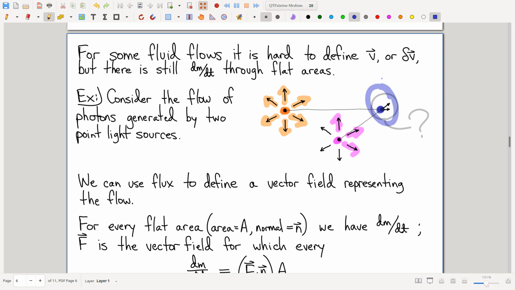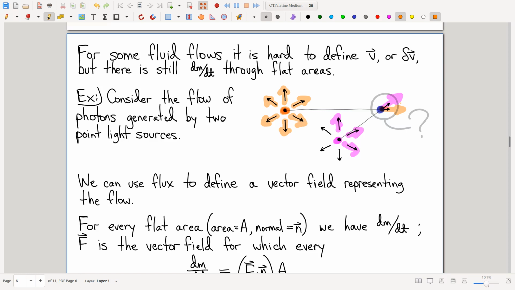And this is very awkward, because on the one hand, at that point, there are photons that come from our purple light bulb, and at the same point, at the same time, there are photons that come from the orange light bulb. So which one of these is the velocity? Neither represents the velocity of the fluid.